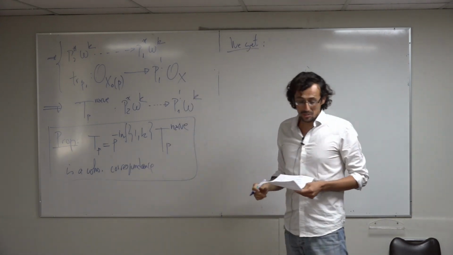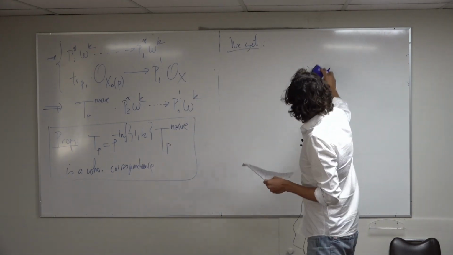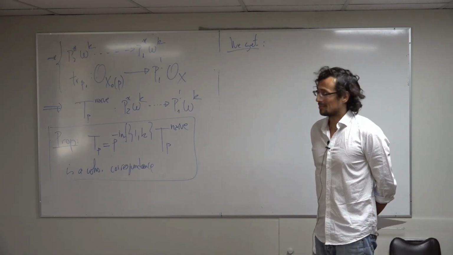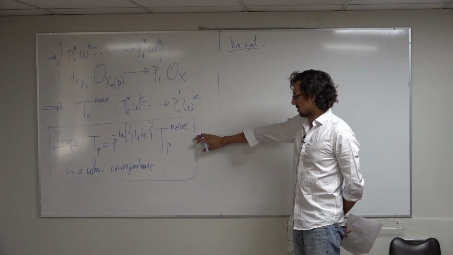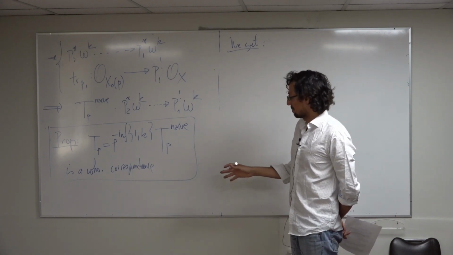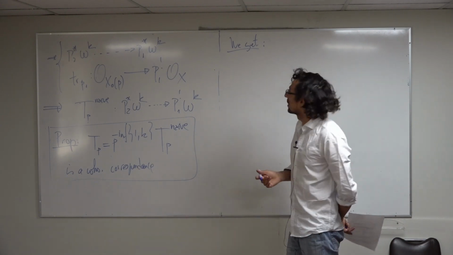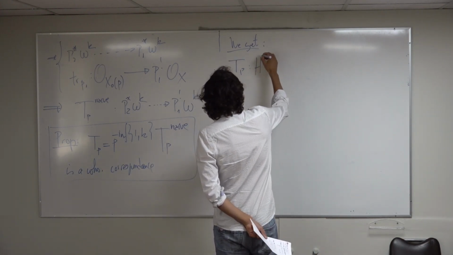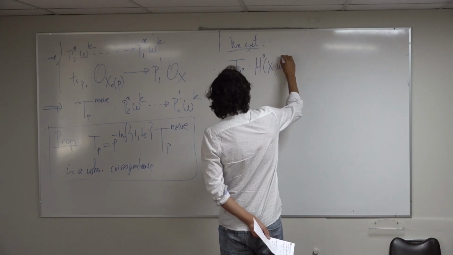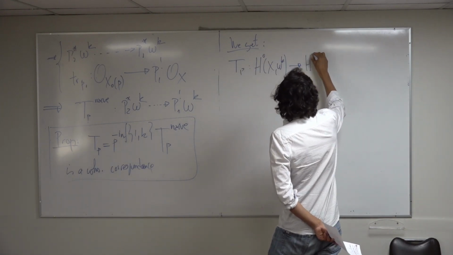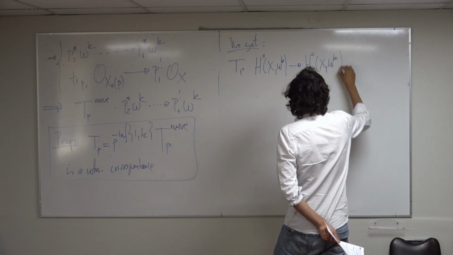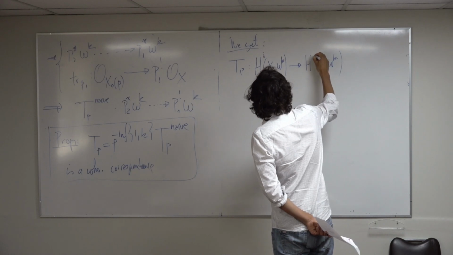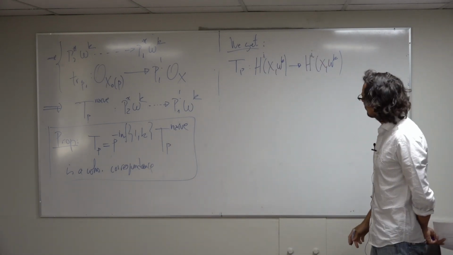Just because of the general formalism that was introduced by Héctor, we get some maps between the cohomology now. So this is a map between sheaves, but really we get a map between cohomology that was constructed by Héctor. So you get maps that you call T_P, now going from H0 to H0 of X, omega^K, or even for H^i, no?